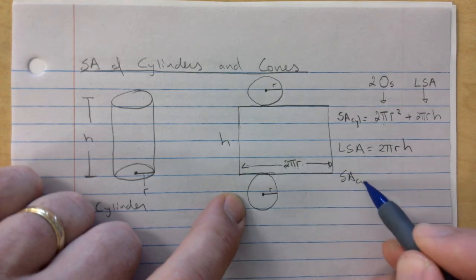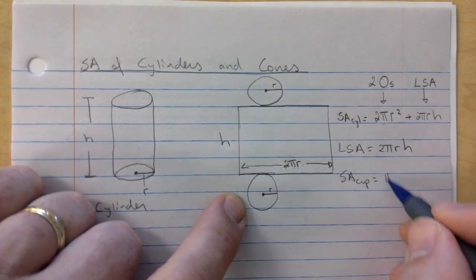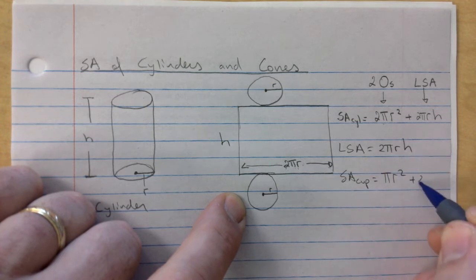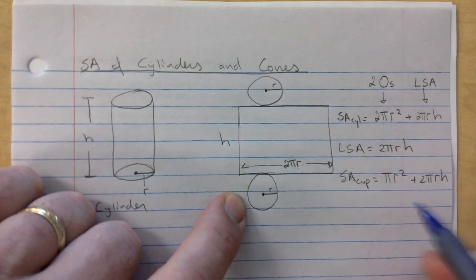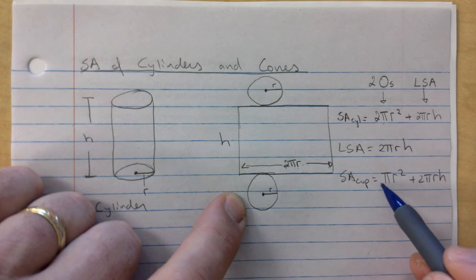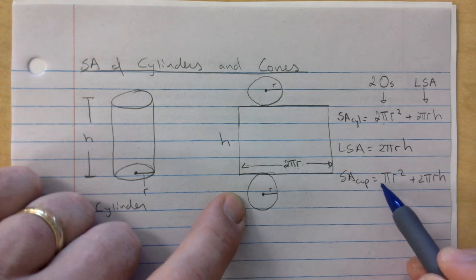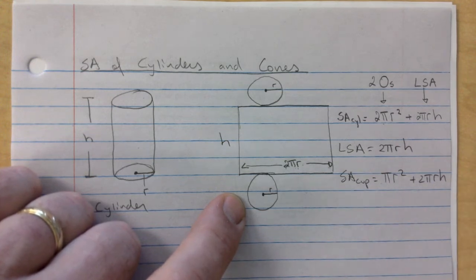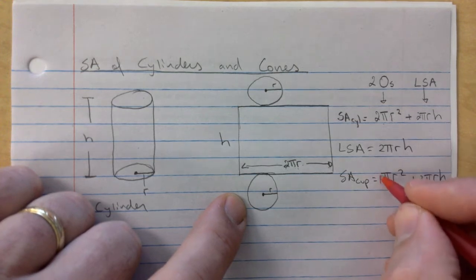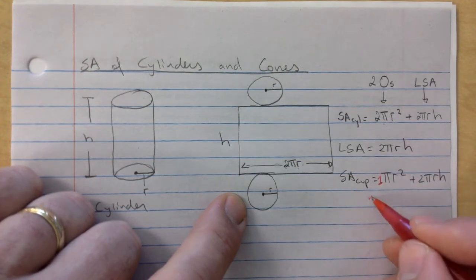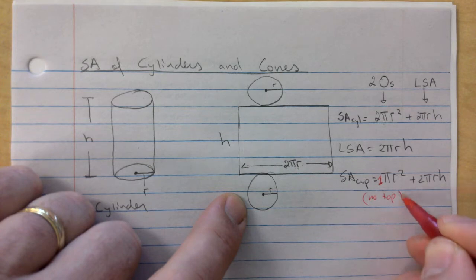Surface area of a cup would just be pi r squared plus 2 pi r h, because you don't have two circles. A cup is open at the top, right? So it'd just be 1 pi r squared. No top, right?